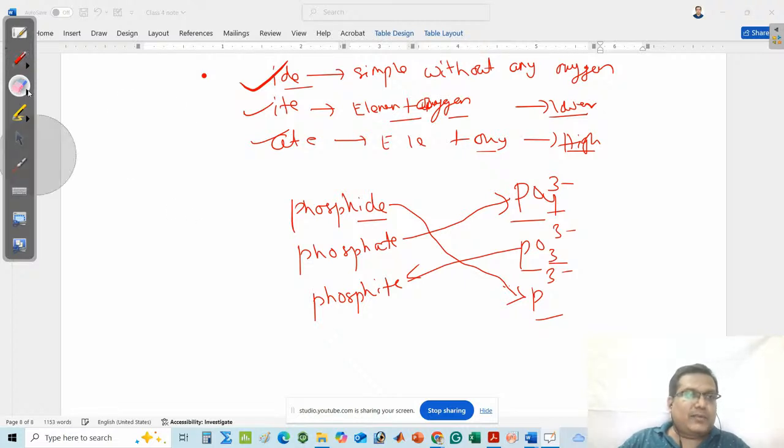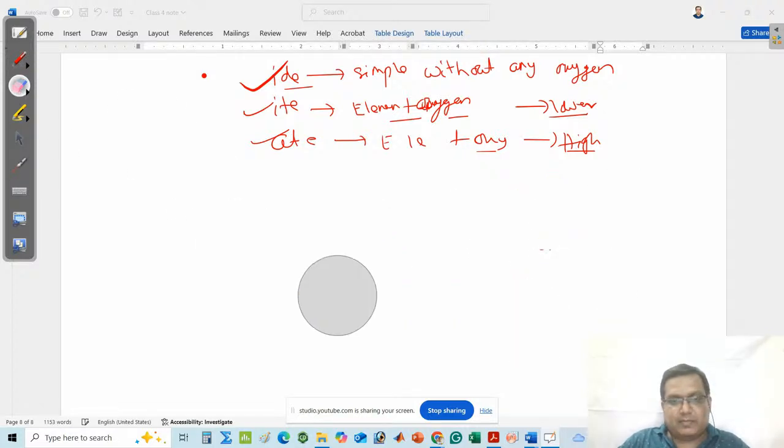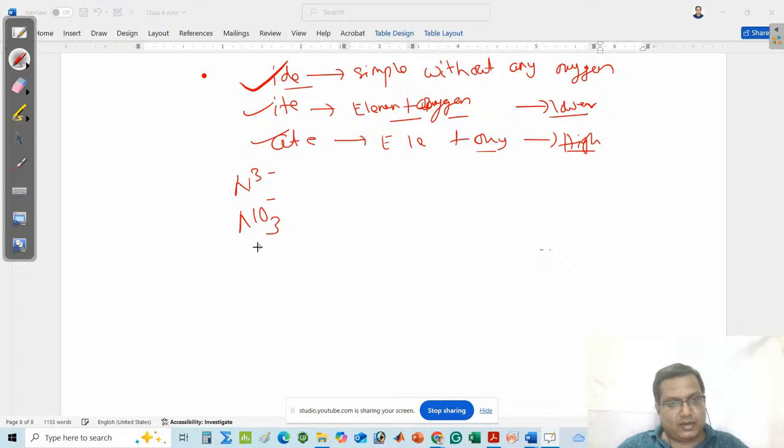Take another example. You can easily remember. Think that N3 minus, NO2 minus, NO3 minus. One is your nitrate, second is nitrite, third is a nitride.